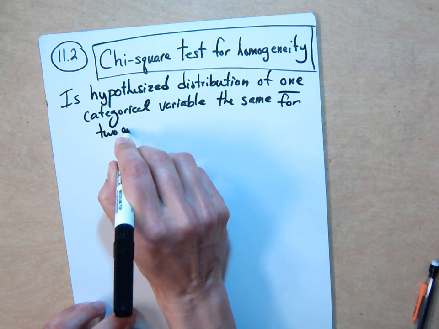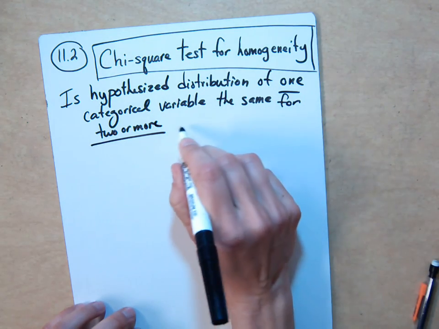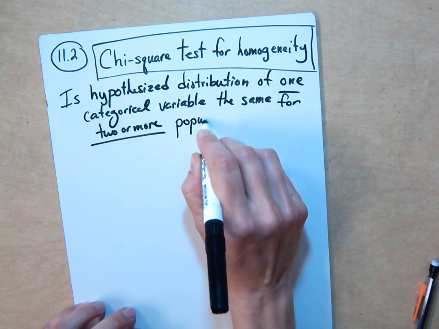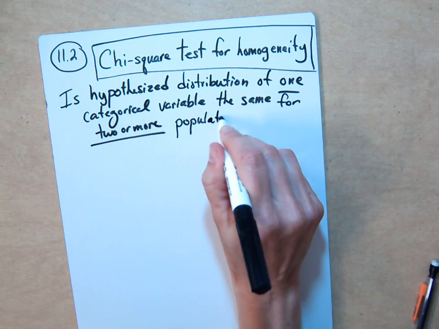Two or more, so that's the difference, two or more populations, and you might be populations slash treatment.